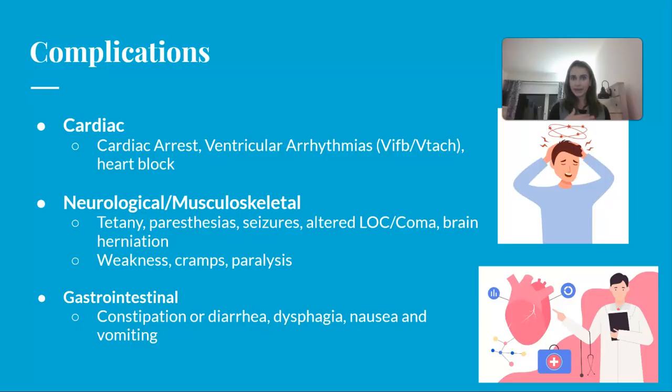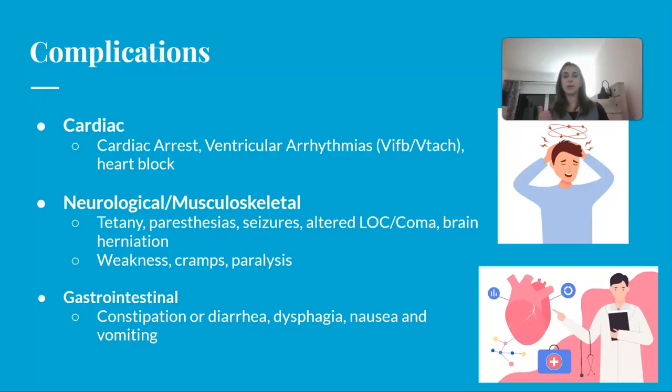And what main EKG change will we see with elevated potassium? Perfect, tall peaked T waves. Keep remembering that. We also look out for this with hypokalemia, hypomagnesemia, and calcium imbalances are going to cause those really cardiac-focused issues.